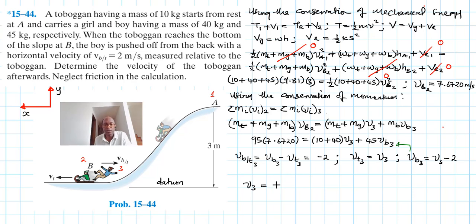This gives us 8.6194 meters per second, and this one is in this direction. This is the toboggan plus the girl.